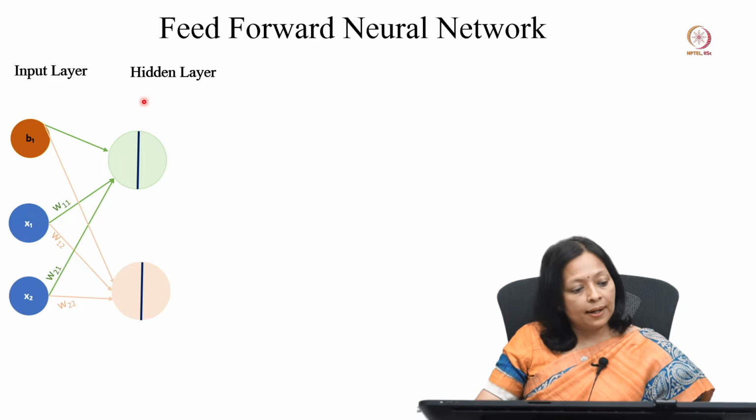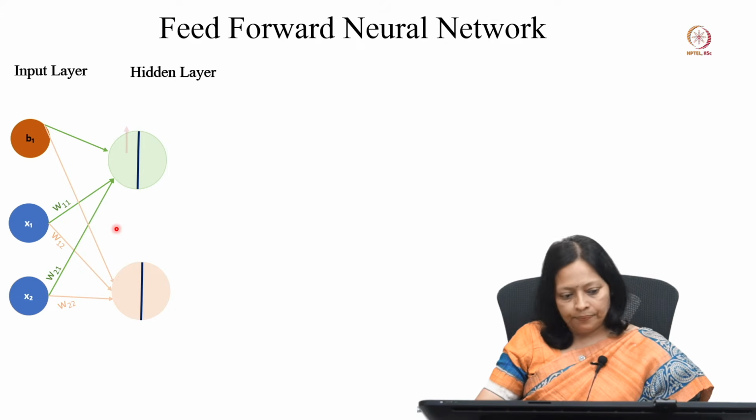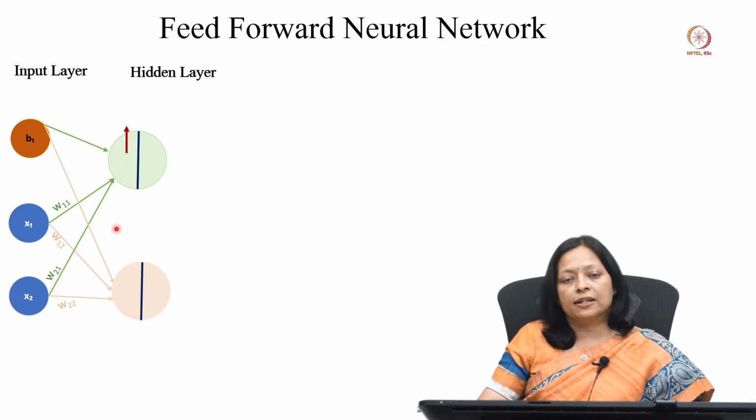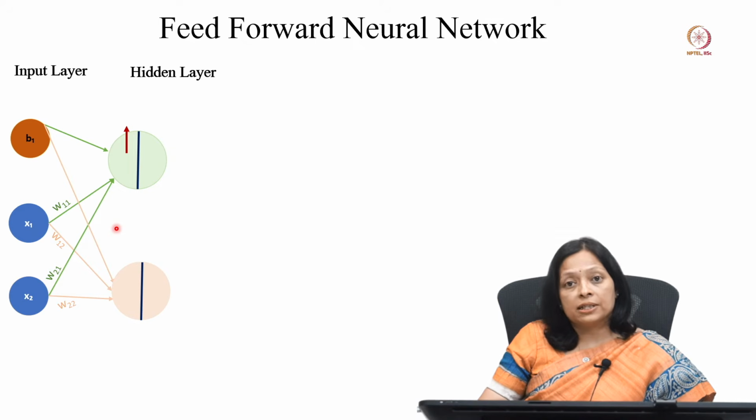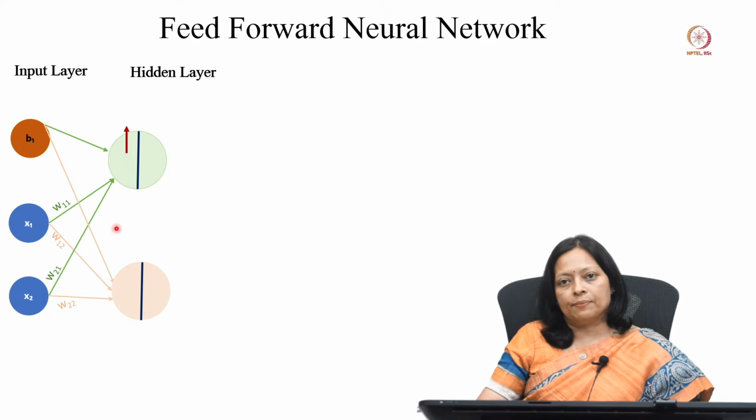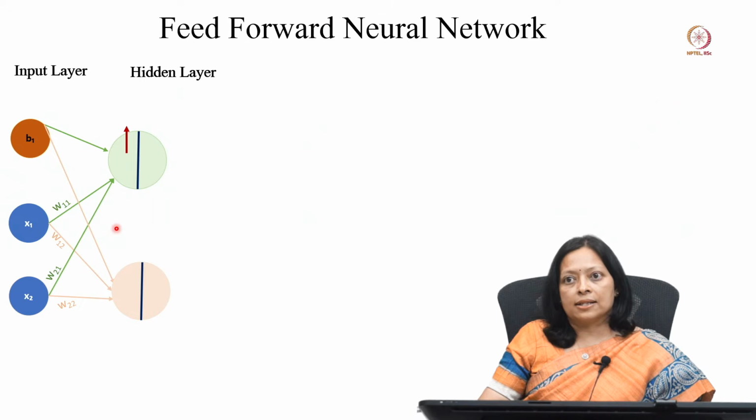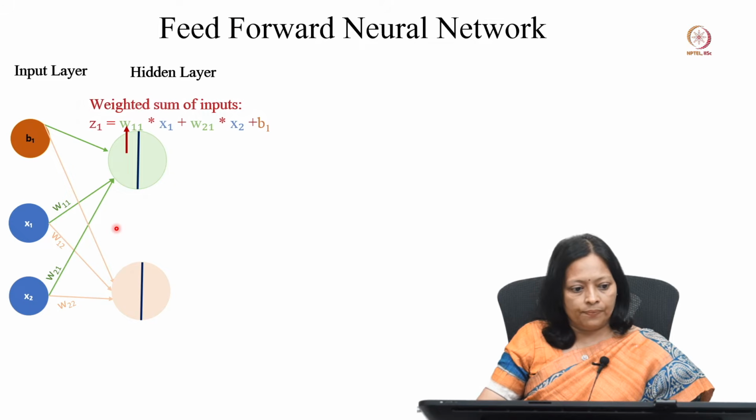Now, what happens after these connections are done? Inside the hidden layer, as I told you in the last slide, two mathematical operations happen. One is the summation and the other is the activation function. We will see exactly what happens in those two steps.